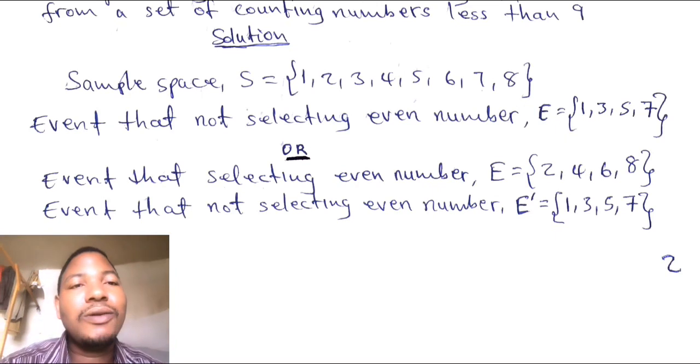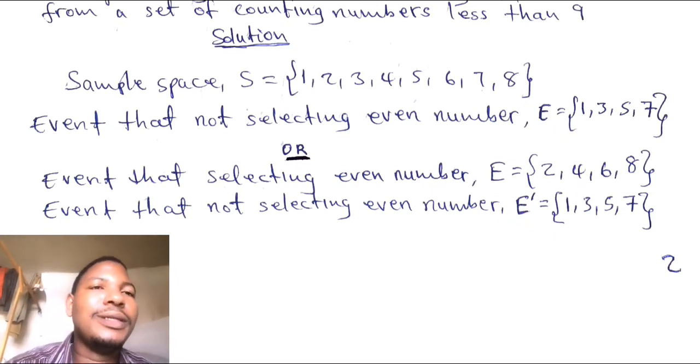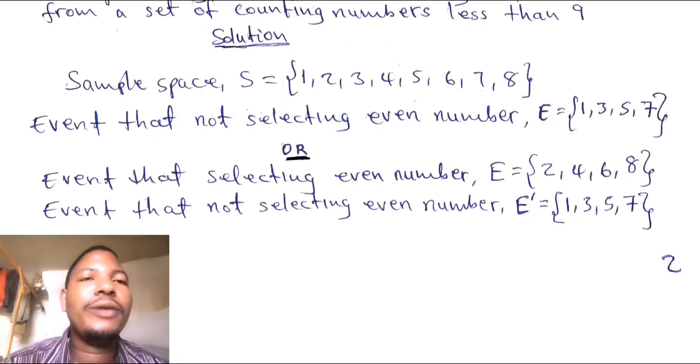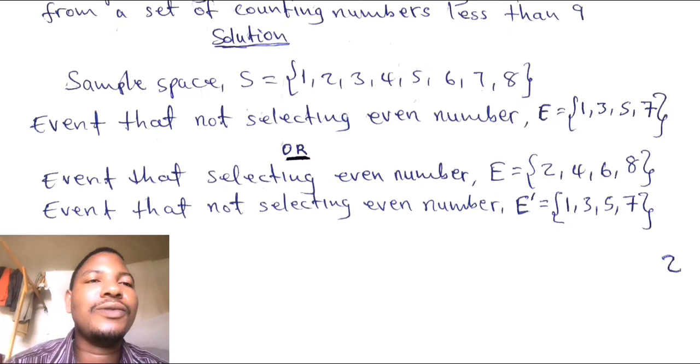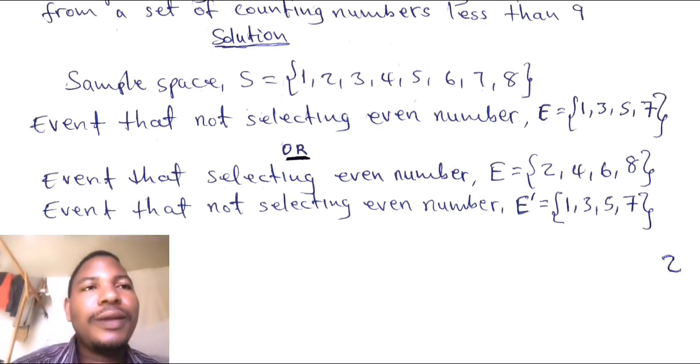The difference is only that this is occurrence, this is absence. So we call it E complement. E complement is built from this list by not choosing even numbers. This is even number, so you have to exclude all even numbers. Now you have to choose only 1, 3, 5, and 7.